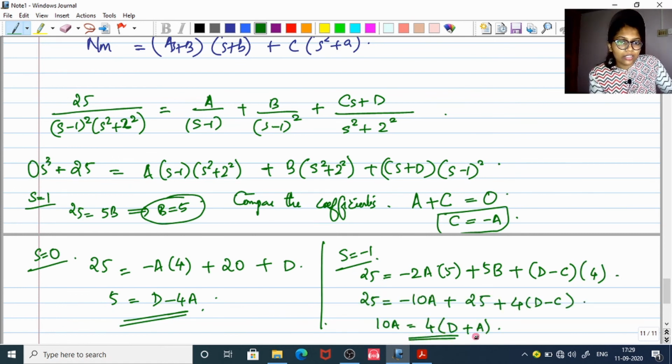Thus reducing, I get 10a equal to 4 of d plus a. And you have the other equation, d minus 4a is equal to 5. So 2 equations, 2 unknowns, solve the value for d and a.